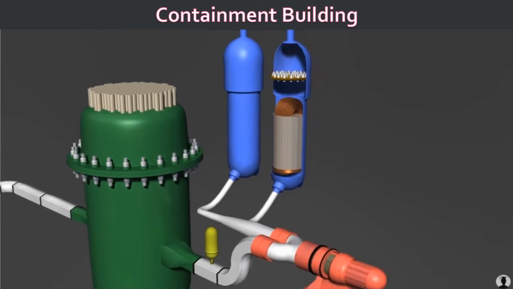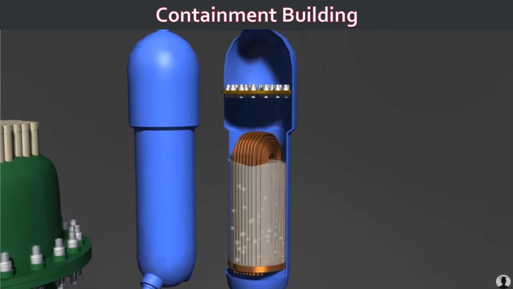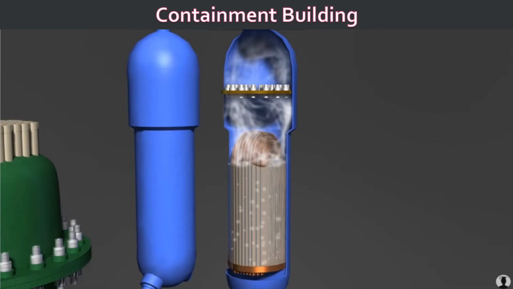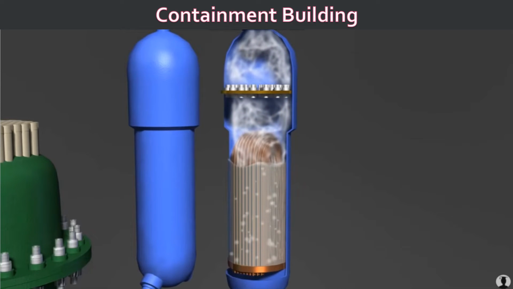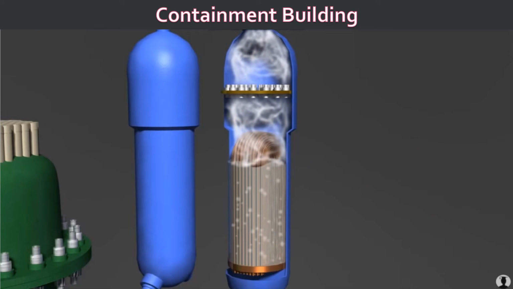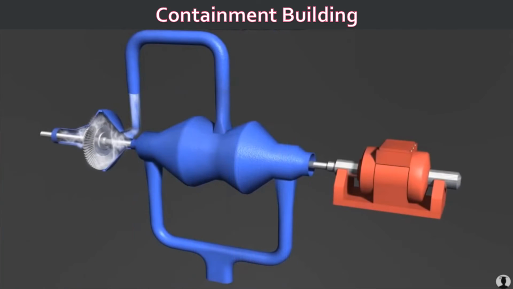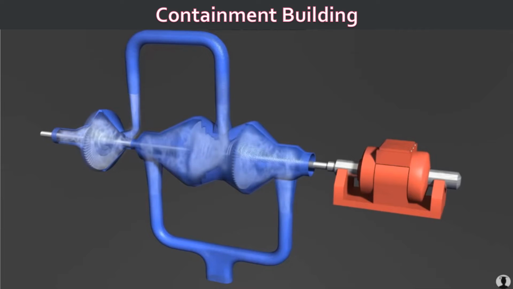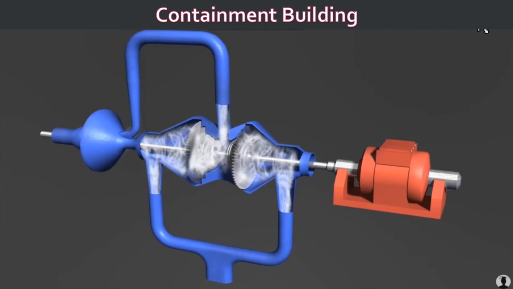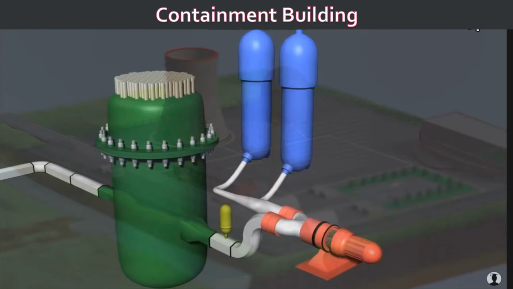The water inside the metal rod is the water in the primary circuit, and the water around the metal rod is the water for the secondary circuit. When this water is heated up by the metal rod, it will produce steam, and this steam will then be used to spin the turbine, which will be explained in the second part of the nuclear reactor.